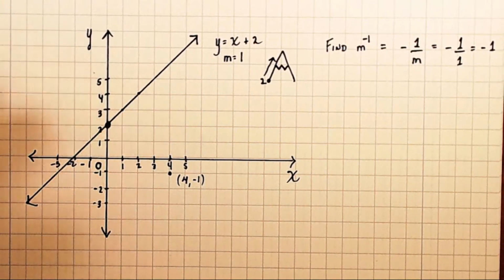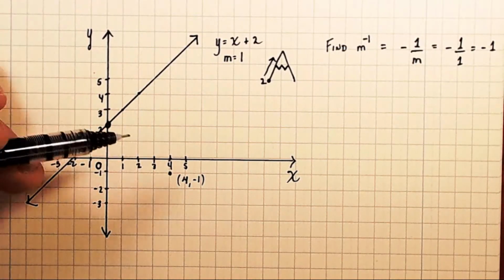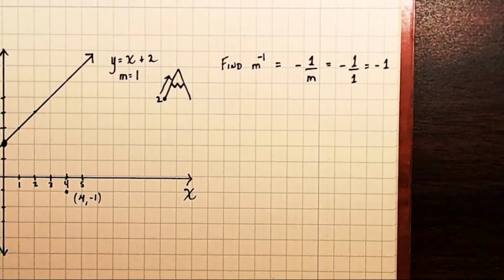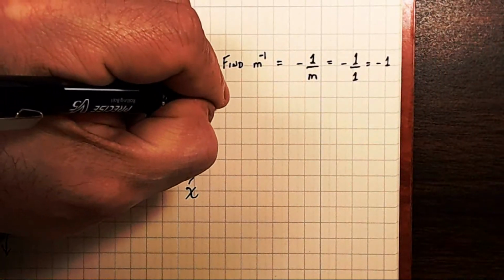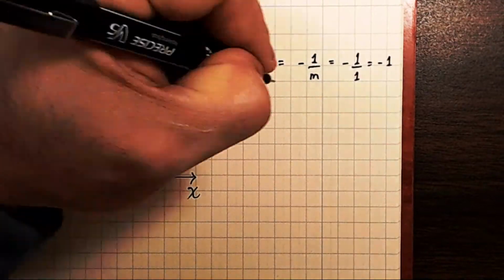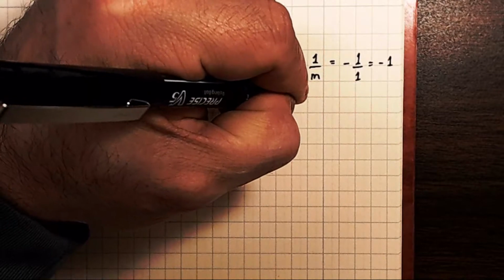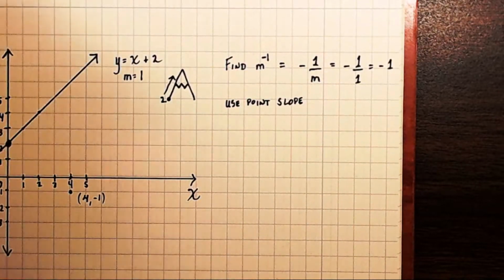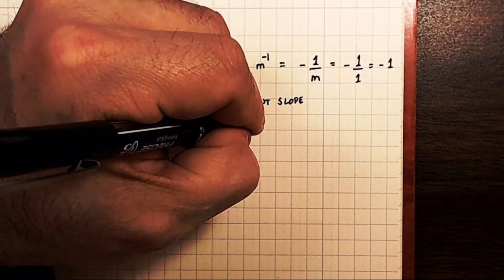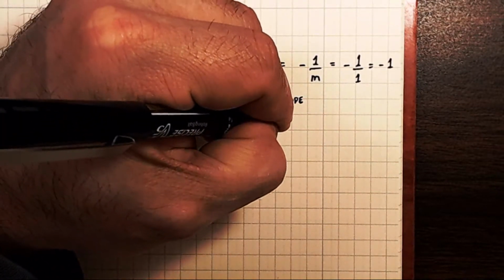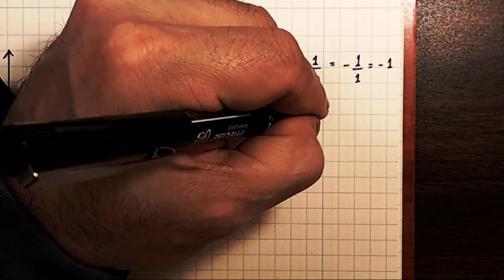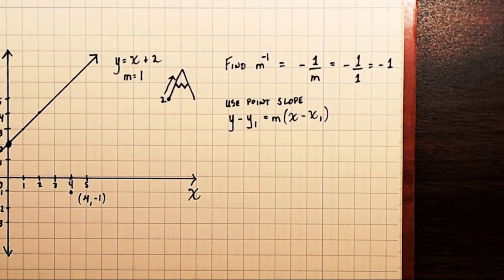We'll use this point here in our point slope formula. So let's use the point slope formula. Let's recall that the point slope formula is y minus y1 equals m, open paren, x minus x1, close paren.